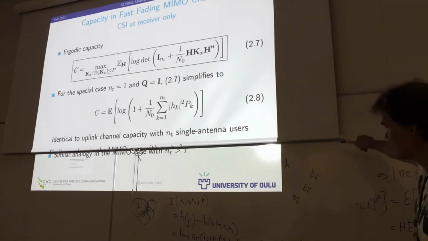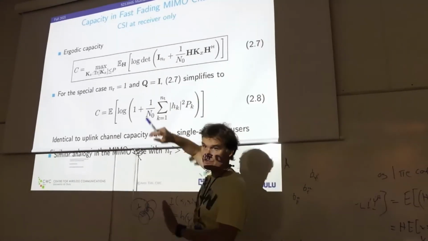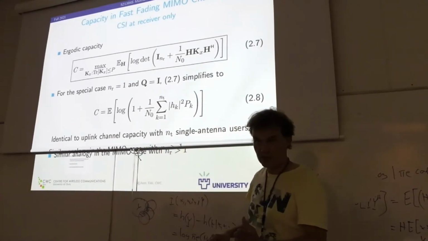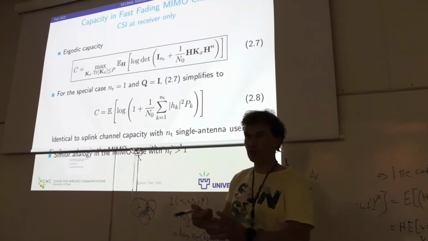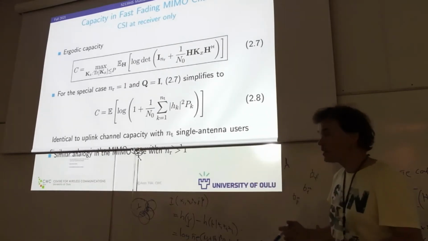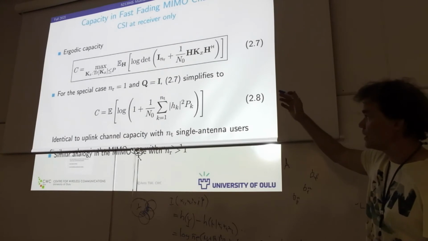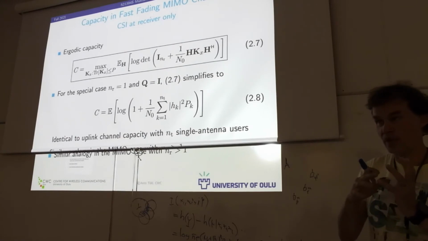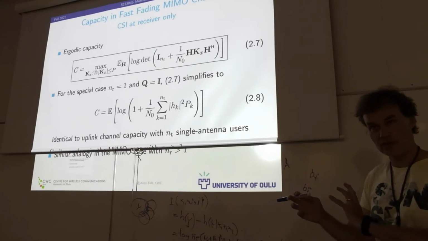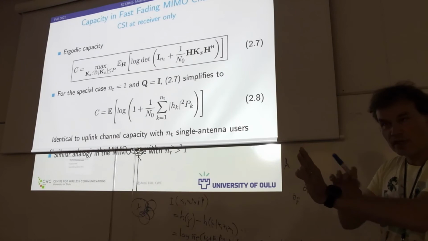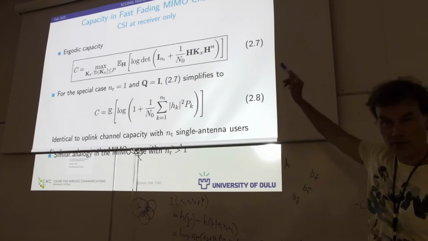I'm not talking about the receiver here. This form is general. It doesn't assume anything about receiver structure; it's just the optimal receiver structure, a joint receiver, where the whole X is jointly decoded. We will see that the joint decoder can be implemented as an MMSE-SIC receiver. So you have the linear front end, and then the successive interference cancellation that can provide you the capacity.